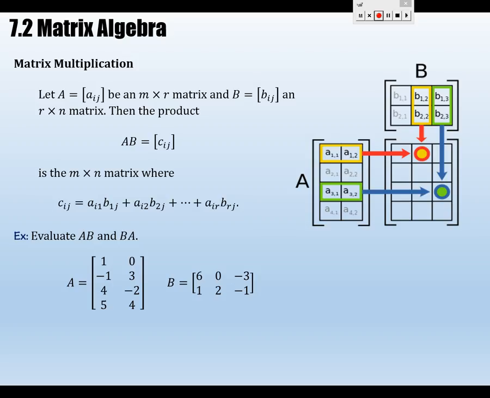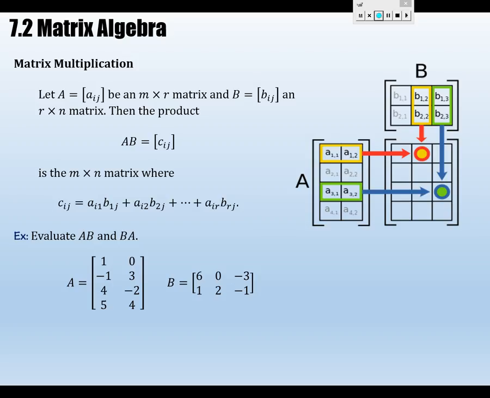Row times column. Now, I want to make sure you make a note of something here. What that means is that in order for this multiplication to even make sense, the number of elements in the row of A, that is the number of columns in A, has to match the number of rows in B, doesn't it?